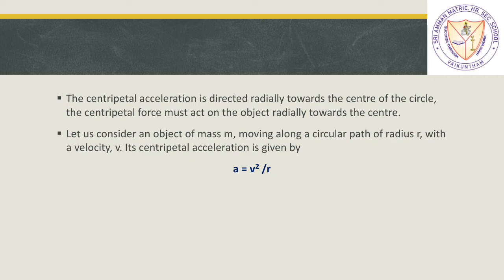Whenever r, the radius, comes into the picture, you should be clear that the question is with respect to circular motion. Don't get confused with the man who is running in the field and completes one rotation, and what will be his displacement. In that case, the displacement will be 0. Don't get confused with that and this.